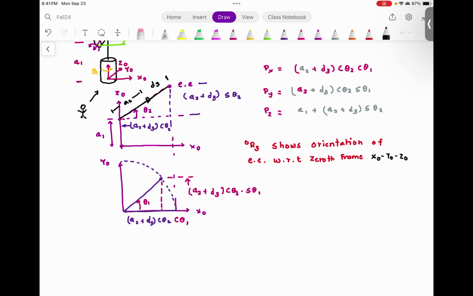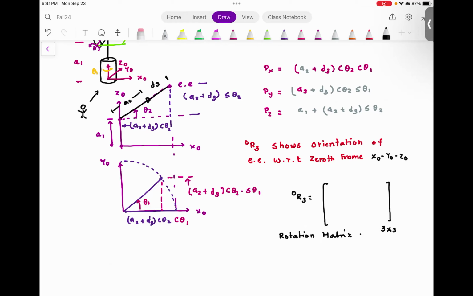Now, for us, it's difficult to visualize because please understand, after you perform all this multiplication, theta 1, theta 2, all those angles will be inside this 0R3. So you are going to get a 3 by 3 matrix. This is called the rotation matrix. This is difficult to visualize.